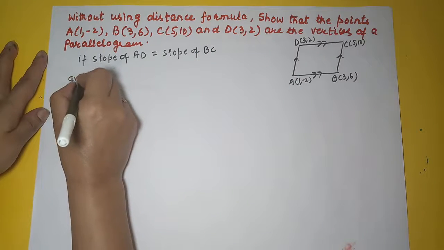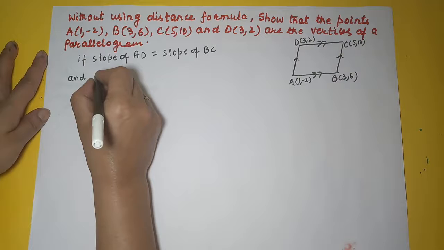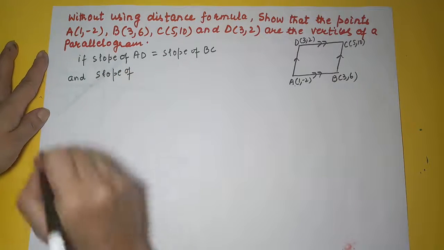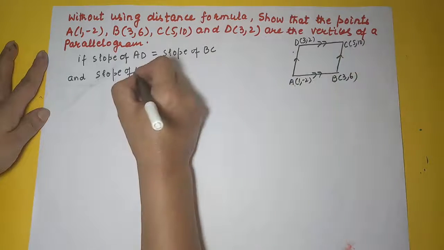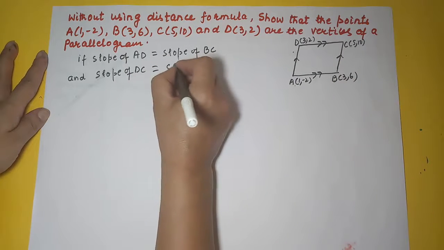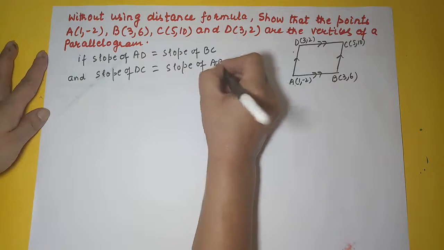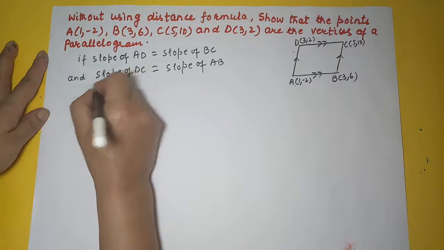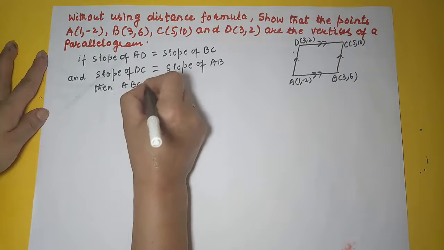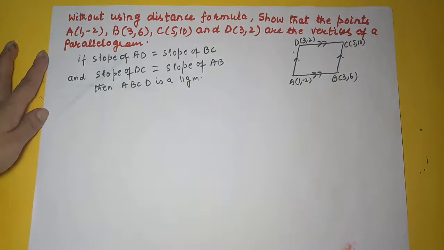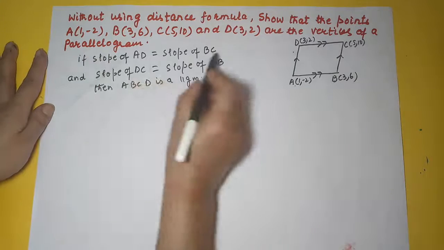And if slope of DC is equal to slope of AB, then ABCD is a parallelogram, right? So let's proceed to find these first.